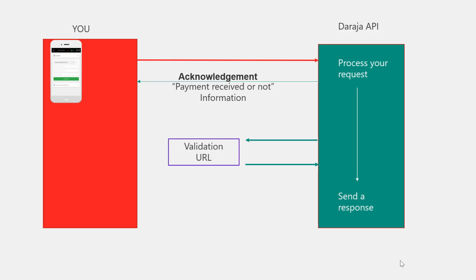So what response type means is, if for any reason Safaricom is unable to reach your validation URL, because let's say your server is down, or your website is down, or maybe you coded your URLs wrong, or there's an error in your own system, what is Safaricom supposed to do? Does it go ahead and accept the payment on your behalf, or does it cancel?